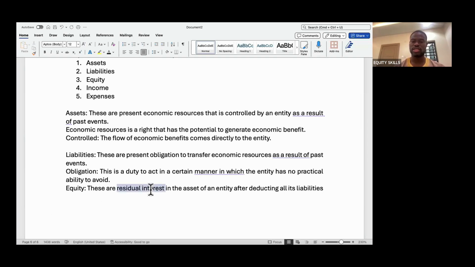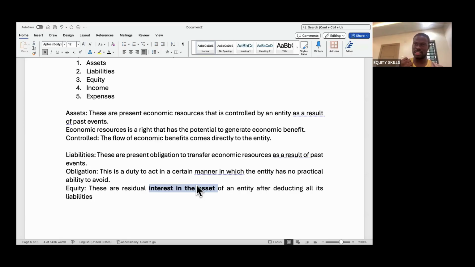So the key word here is residual interest. When we say interest in the assets, who are those that have interest in an asset of an entity? You know that they are basically the owners, the shareholders, the creditors, the lenders, those primary users. Those are the people that have interest in the asset of an entity.